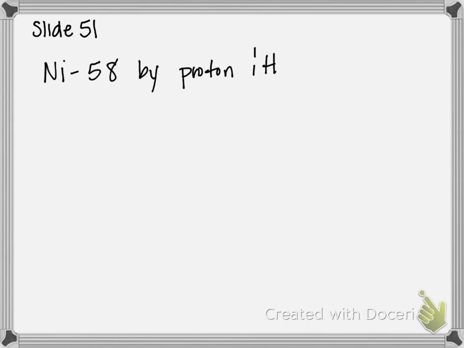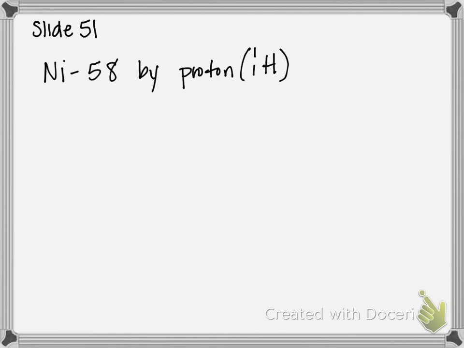In chemistry, a lot of times a proton is basically another way to refer to a hydrogen ion. And so hydrogen only has one proton, doesn't have any neutrons, so therefore its mass number and atomic number are the same.